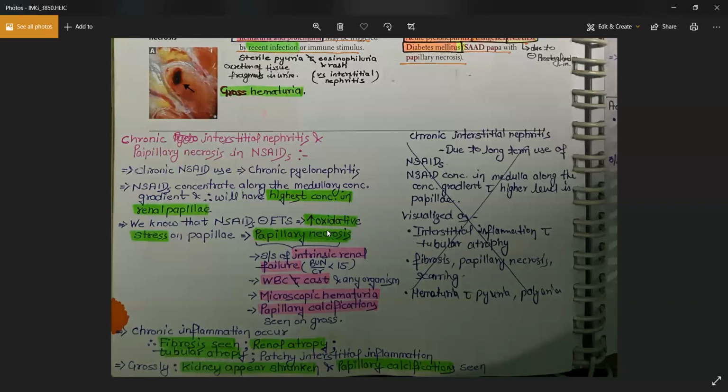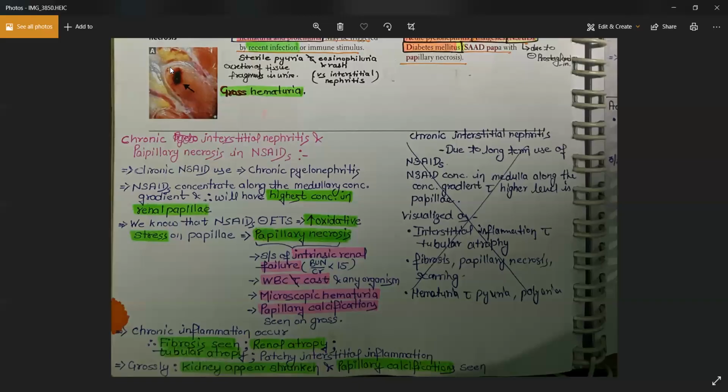Because of this papillary necrosis, the patient first has an intrinsic renal failure, with a BUN creatinine ratio less than 15. The patient will be having WBCs without any cast, of course, that you already know. Hematuria will be there, gross or microscopic both. Because there's a necrosis, after this necrosis you will also have a dystrophic calcification.